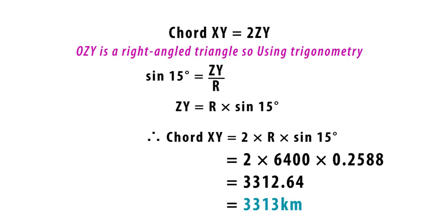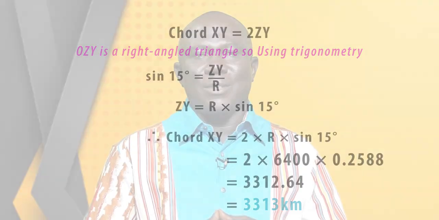When we use our calculator, we are going to have 3,312.64. To the nearest kilometer, we have 3,313 kilometers. That was very, very easy. This is very simple work that you need to practice so that you can become perfect.